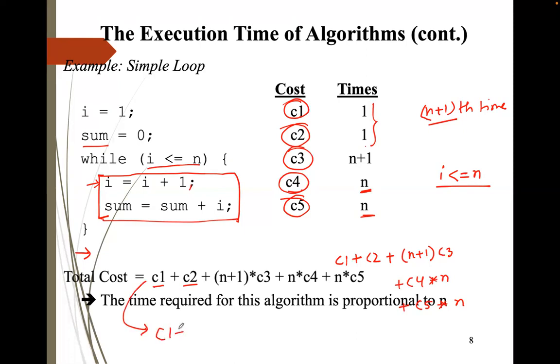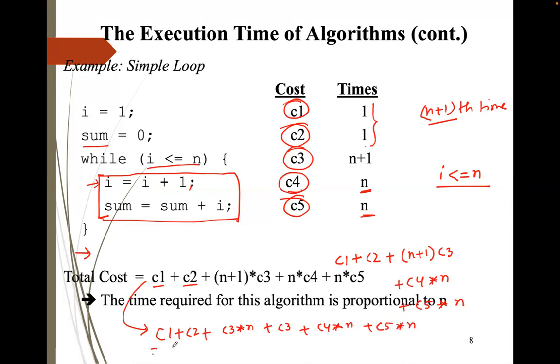So you can see that C1 plus C2, plus C3 times n plus C3, plus C4 times n plus C5 times n.